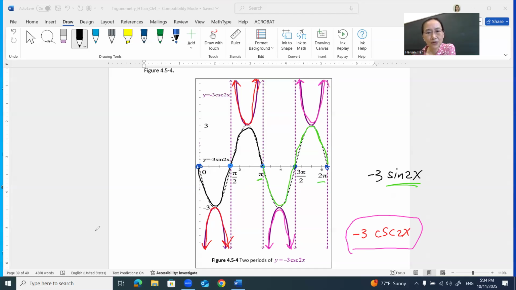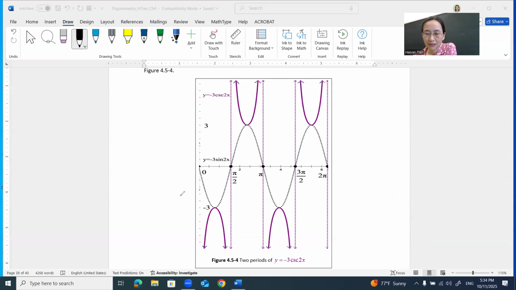Yeah. So now you see the picture. The red is 1 period, the pink is another period. So we see a total of 2 periods of the -3 cosecant 2x function.